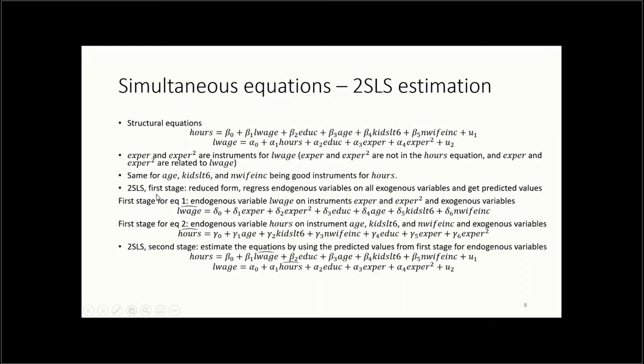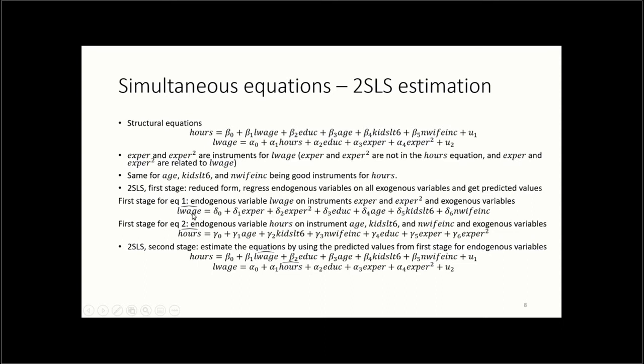To do two-stage least squares, in the first stage we estimate the reduced form, regressing the endogenous variables on all of the exogenous variables to get the predicted values. The first stage for equation 1 regresses the endogenous variable, log of wage, on the instruments, experience and experience squared, plus the exogenous variables.